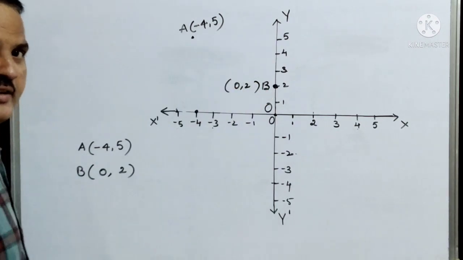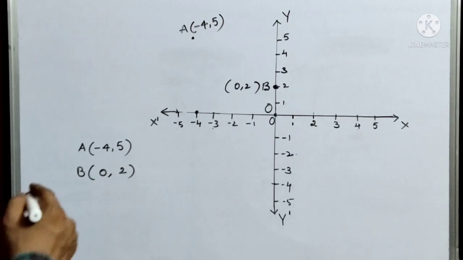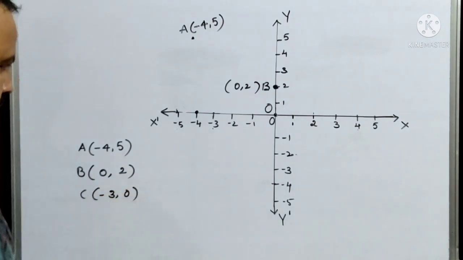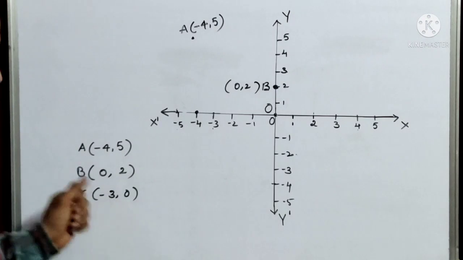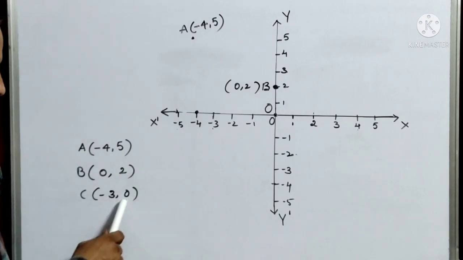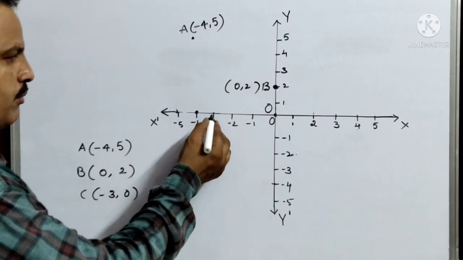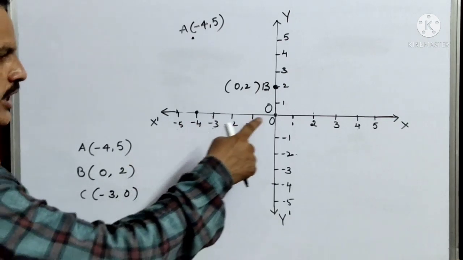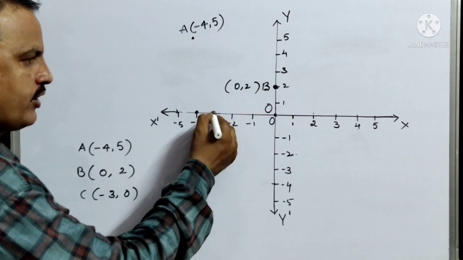You have to understand, children. See (minus 3, 0). Here, if you clearly understand, the y coordinate is 0. That means it lies on the x axis. Minus 3 is here, no? So minus 3 is here and 0, that means the point will come here.